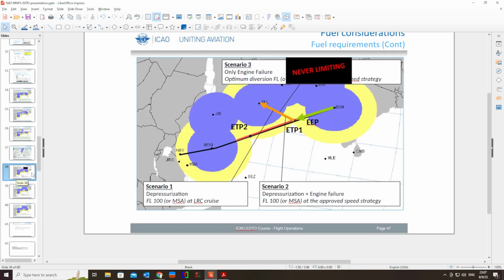So three scenarios. First, I will say it will be the engine failure, which is never limited. I mean that you have the fuel to go with one engine, follow the proper procedure from your equal time point or the time that you had the failure to your suitable airport.